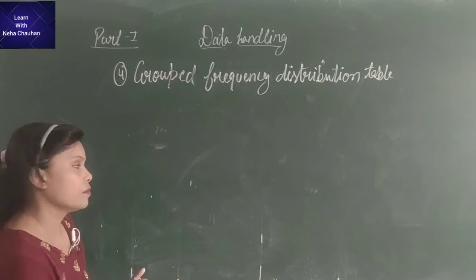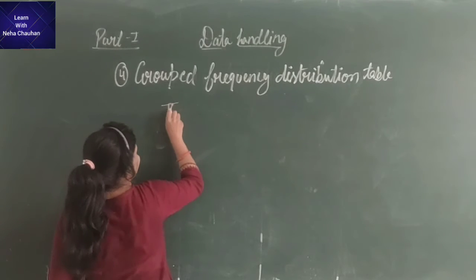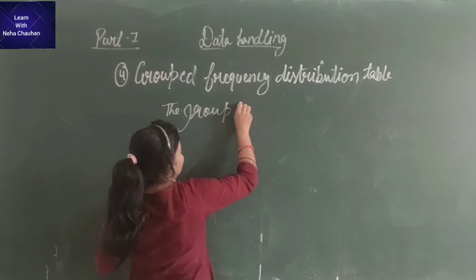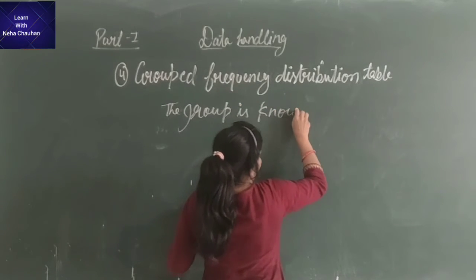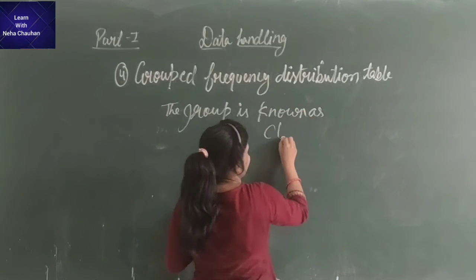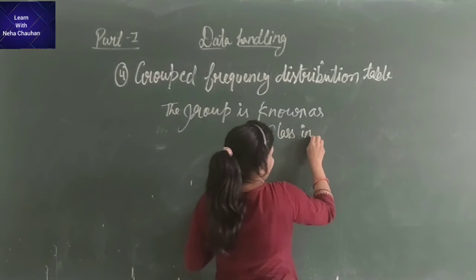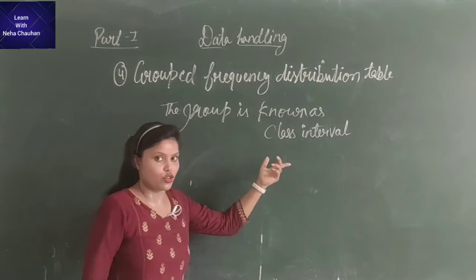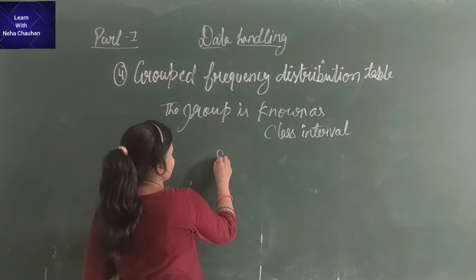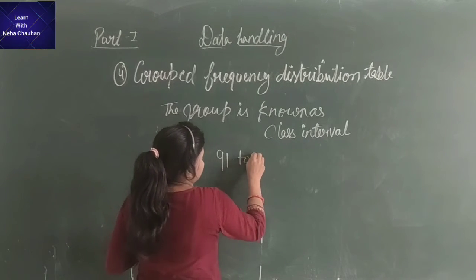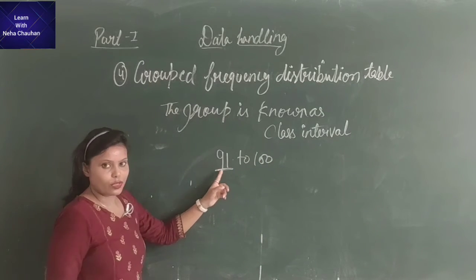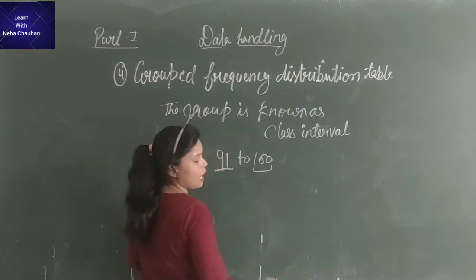This group is known as class interval. All right, this group is known as class interval. So if this is the group, this is the lowest class and this is the highest class.